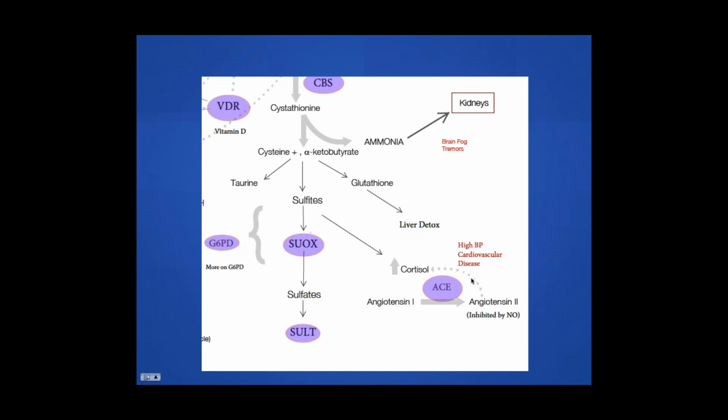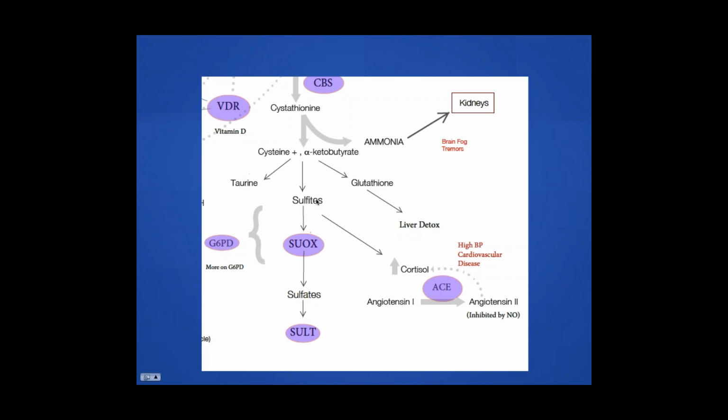So remember when we talked about this upregulation of CBS, if you've got a variant here, a genetic variant, you're going to tend to go down this pathway faster than normal, and things can back up on you. And remember we talked about you can create more ammonia, and that depletes your nitric oxide right there, and it's going to create a deficiency of glutathione, which again, this is one of our major antioxidant molecules, so we need that to scoop up the free radicals, and if we're not making that, that's another insult.